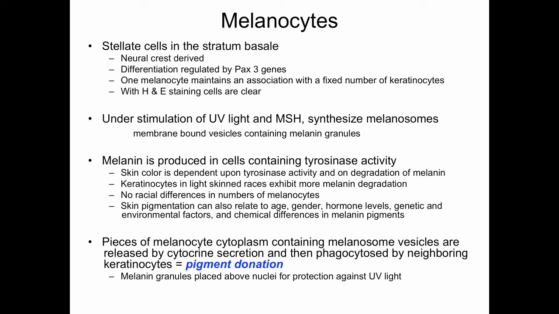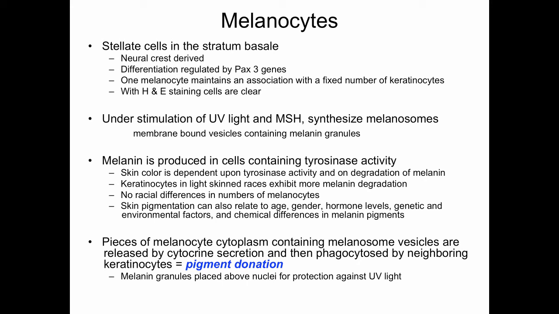Now, under stimulation of UV light and under the influence of melanocyte stimulating hormone, melanocytes will synthesize melanosomes. And melanosomes are membrane-bound vesicles that contain melanin granules. Now, melanin itself is produced in cells that contain tyrosinase activity.